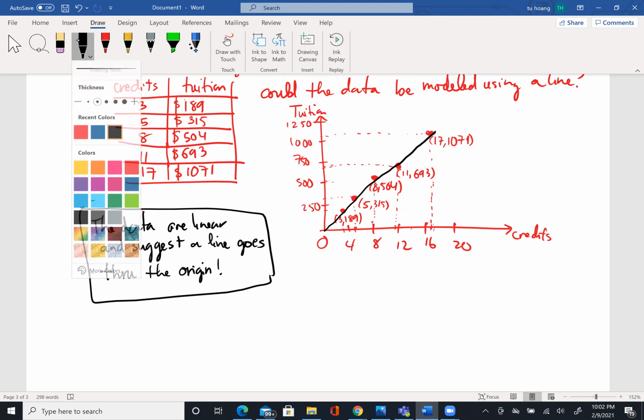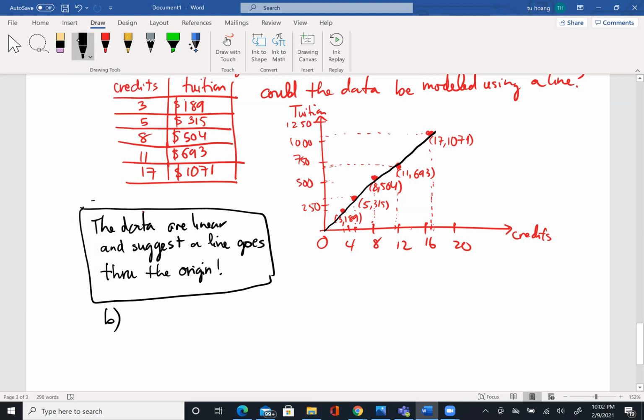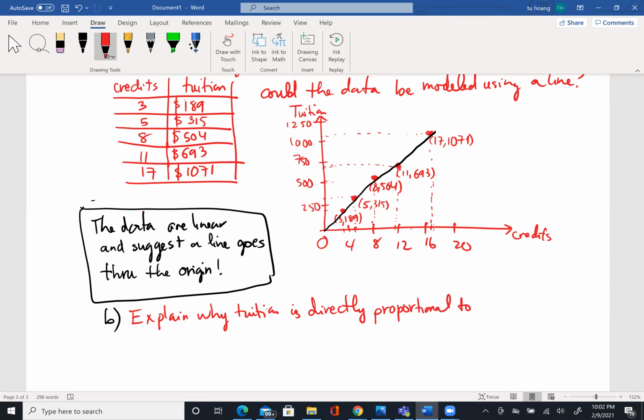Now I'm going to move to problem B. Explain why tuition is directly proportional to the number of credits taken.